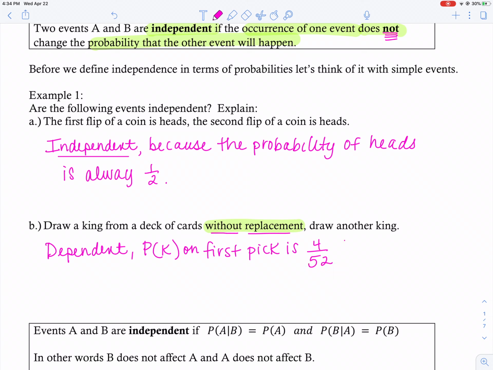But on your second pick, you have to assume you picked that king and are holding it in your hands, not replacing it.